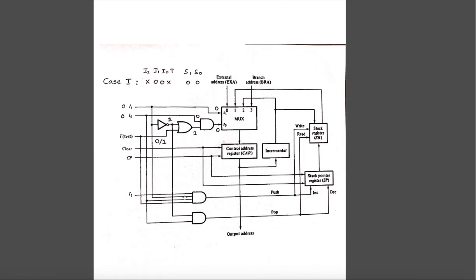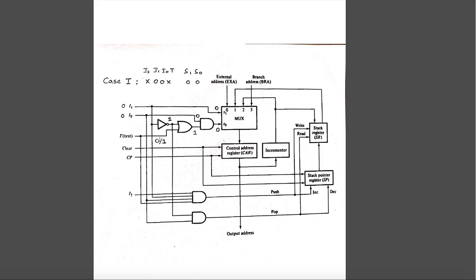So let's see that first case. We have I0 and I1 both as 0. If I1 is 0, directly S1 is going to be 0, and if I0 is 0, then if any input of the AND gate is 0, obviously the output will be 0, right? So S1 and S0 will be 0 0. It doesn't depend upon the value of T or the value of I2, so that is why it is given as don't care.